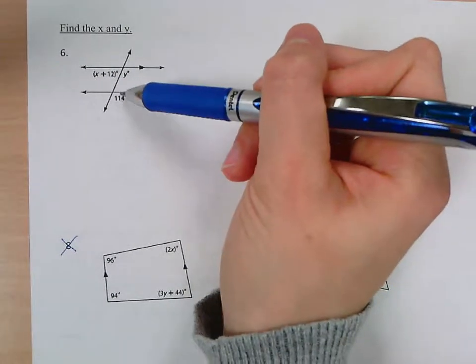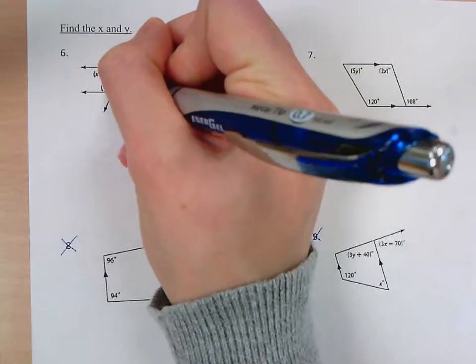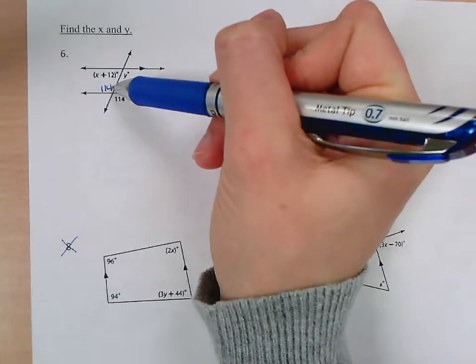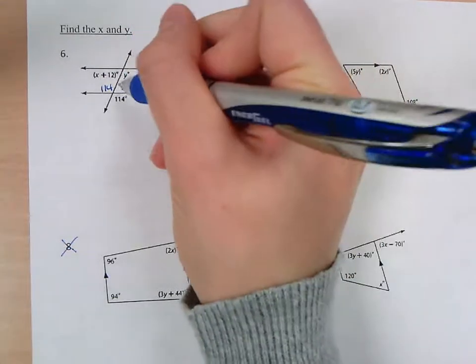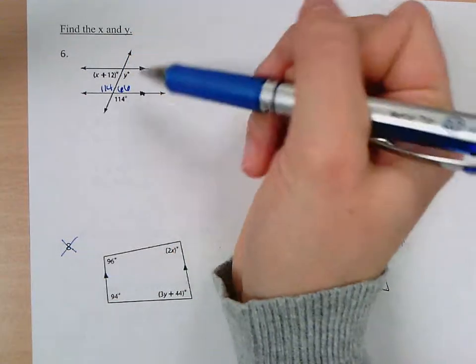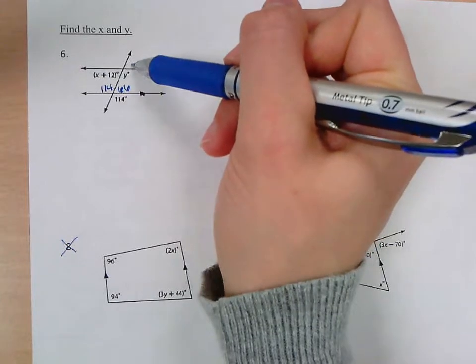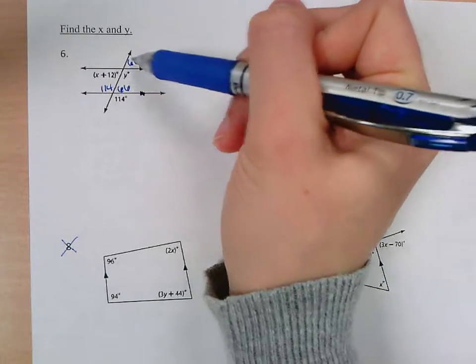Can I have you back up? Are you saying put the 114 here? Yeah. Okay. Then from there, I subtracted the 114 from 180 and got 66 on the other side of that. So this was 66? Yeah, and then that was corresponding angles with above the y on the opposite side of the parallel. This one? Yeah, right there. And then x plus 12 equals 66.